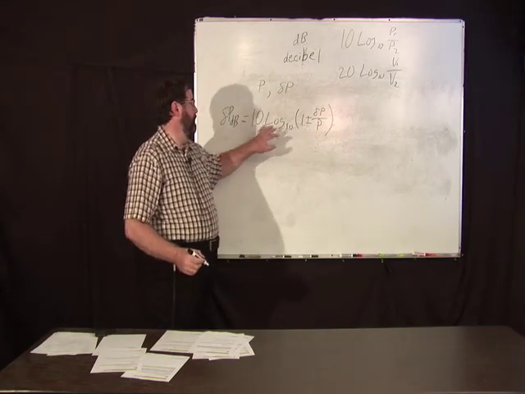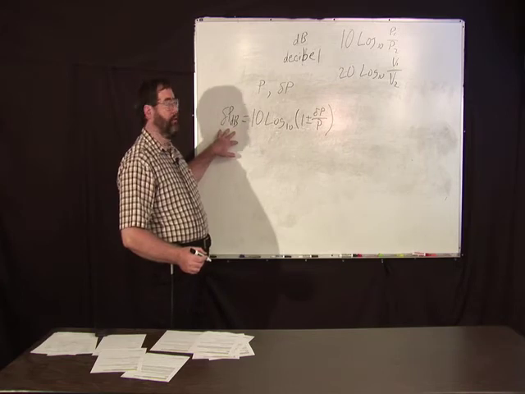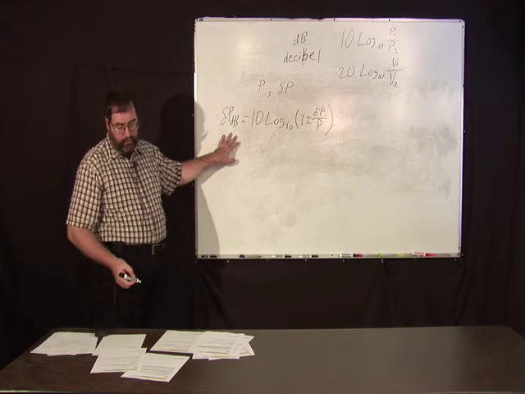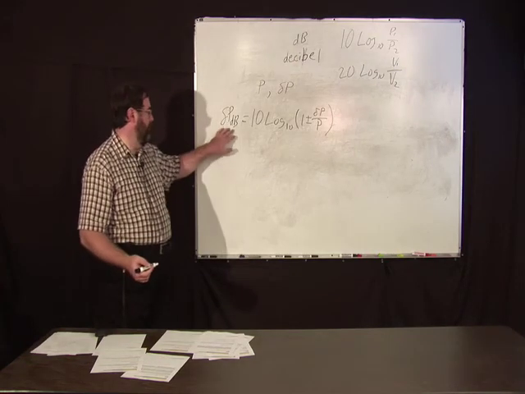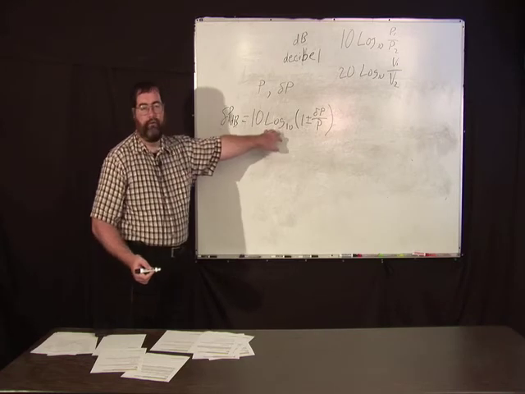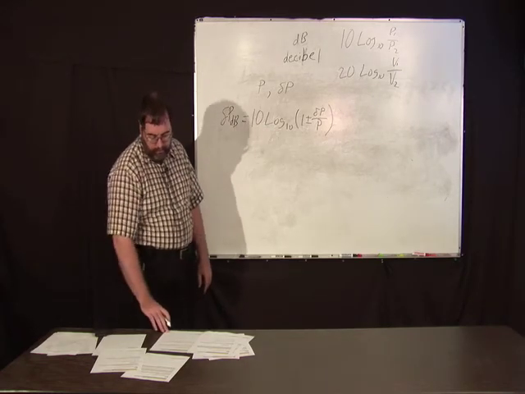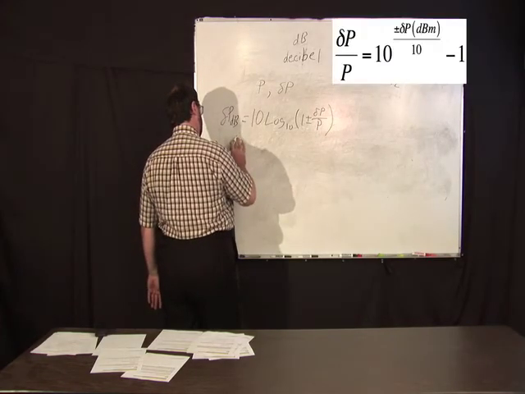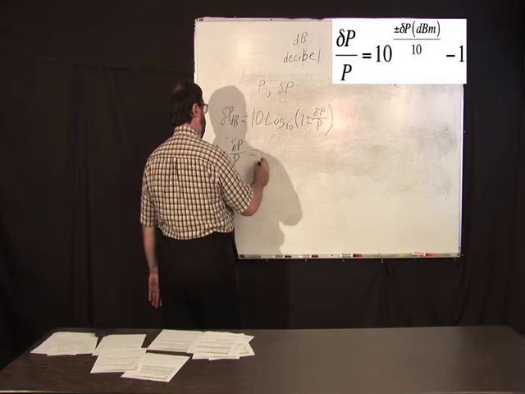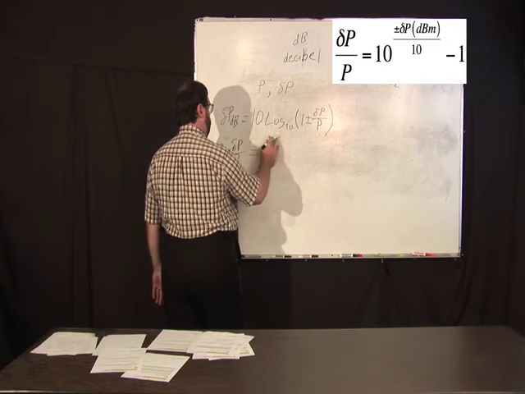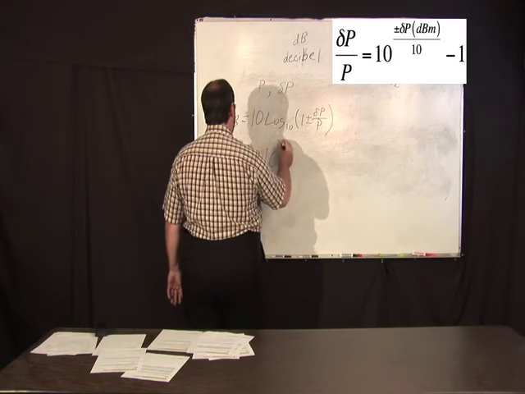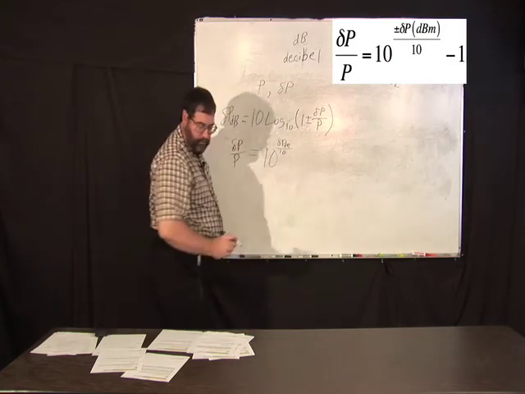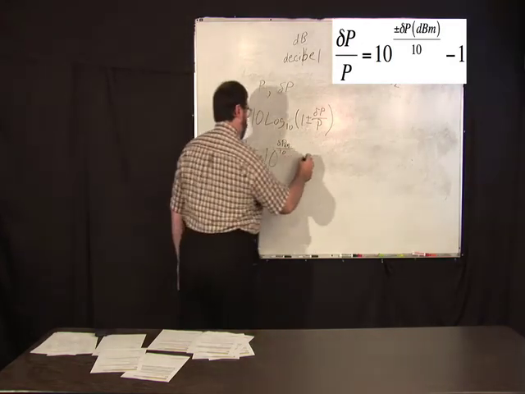Now, what about if you go the other way? You have the uncertainty in P in dB. Let's say you wanted to determine the relative uncertainty, and that's all you have. Well, you can invert this equation, and you'll get that delta P over P, the relative uncertainty, is 10 to the delta P in dB divided by 10, and then there's going to be a minus 1 term.